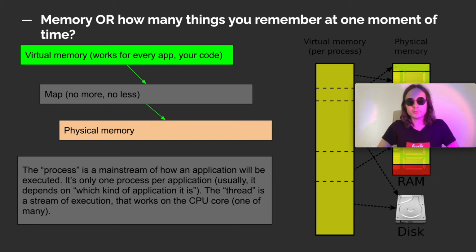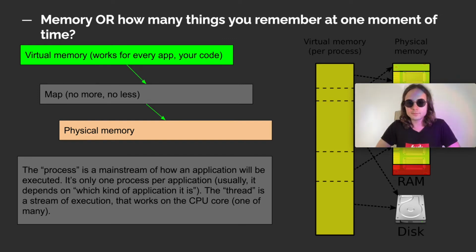That is exactly what virtual memory does. It gives you a simple interface, a simple ability to use memory independently of what exactly this memory is. So when you start your application, you always run a process inside the operating system, and virtual memory will be given exactly for this process.